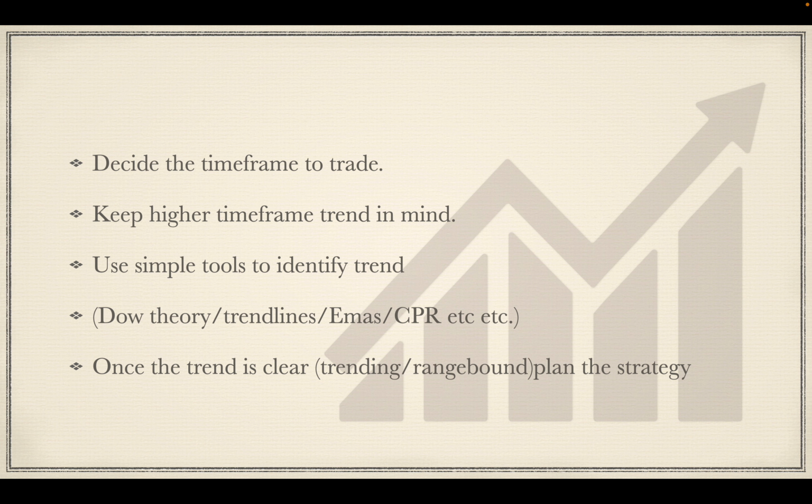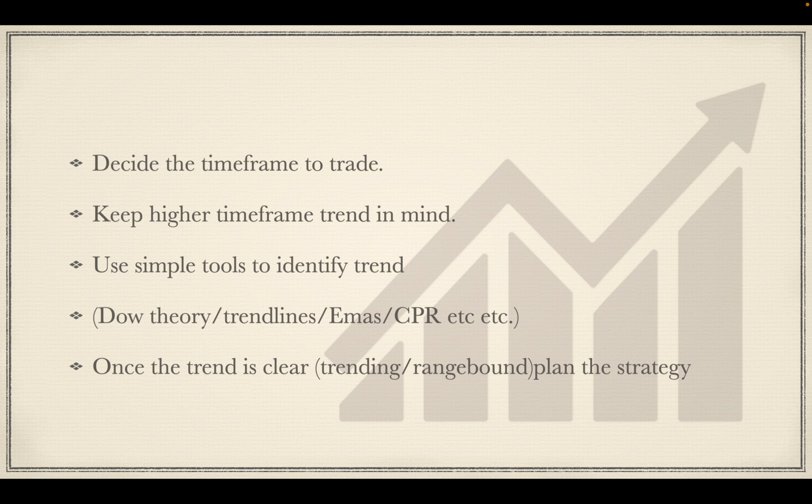For example, 50 EMA or 100 EMA can be used. If the price action is trading above it, the trend is supposed to be bullish. If the price action is trading below it, the trend is supposed to be bearish. Or simply the CPR, central pivot range concept, can also be used to identify trend, whether it is up or down. One can choose whatever he is comfortable with.